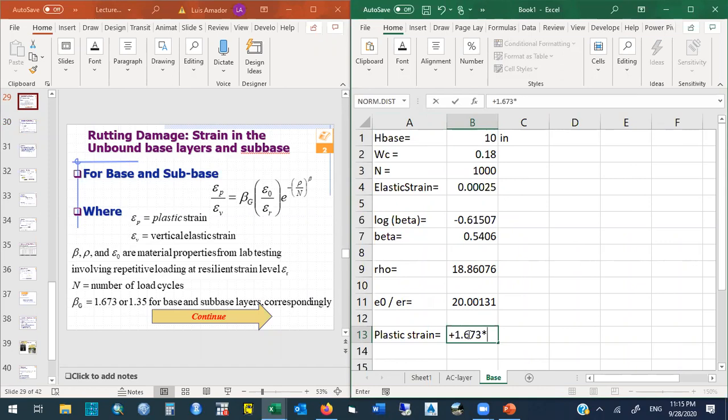Times E0 over ER, which is this one, times exponential of minus 1 times rho over N. Thousands, yeah. Yes, but I wanted to play with the value, so I'm gonna put it like that. To the power of beta. Yeah, I think that's fine.